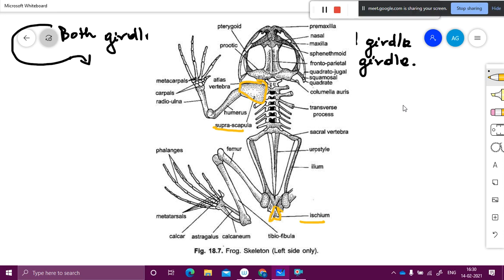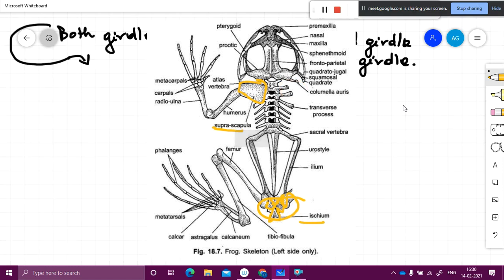Ilium, ischium, and this is the acetabulum. This is the ilium, ischium. This is the pelvic girdle, and this is also present on this side.